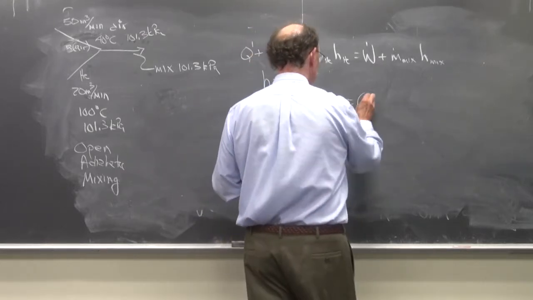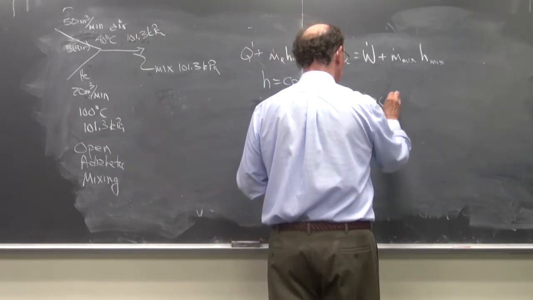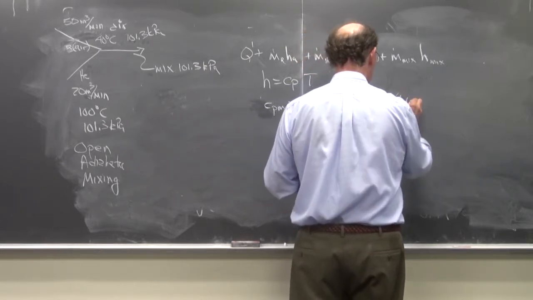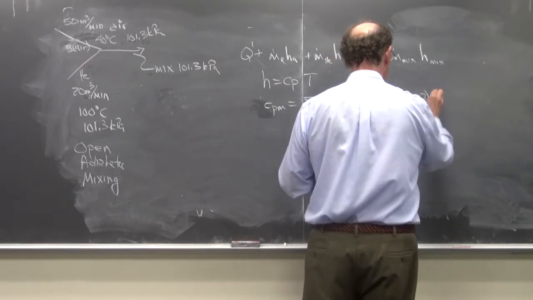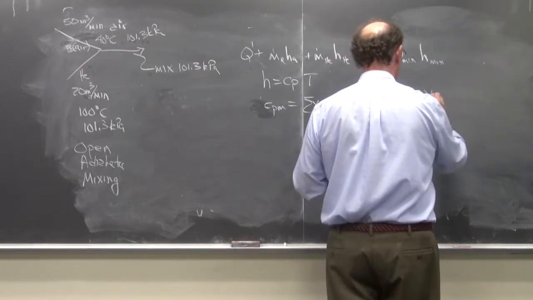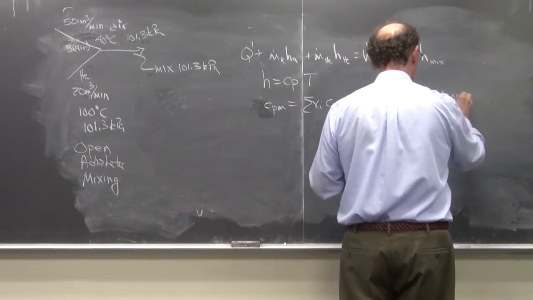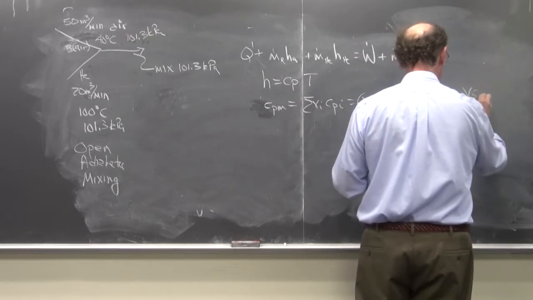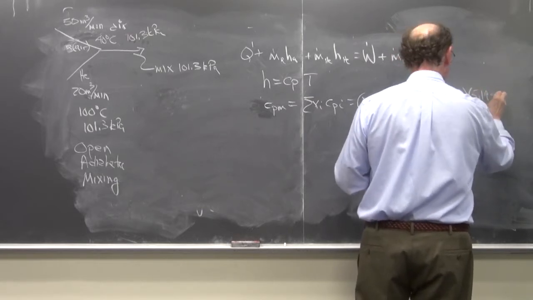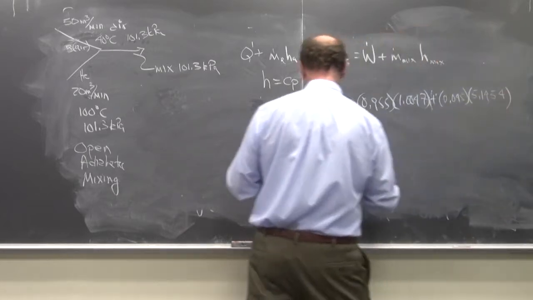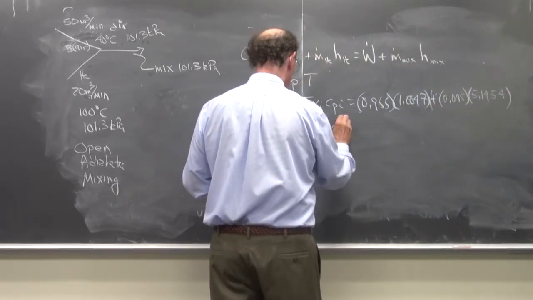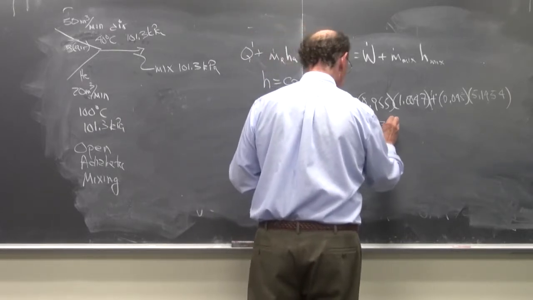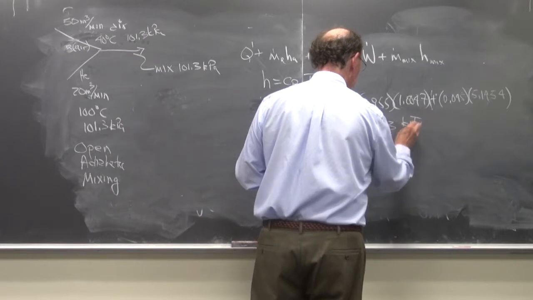So this is 0.955 times 1.0047 plus 0.045 times 5.1954. So we have that C sub P of the mix is equal to 1.1933 kilojoules per kilogram degree K.